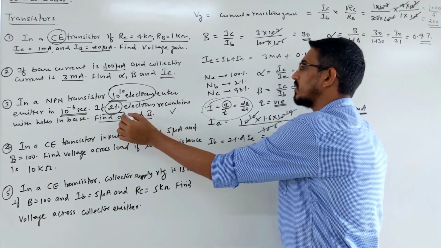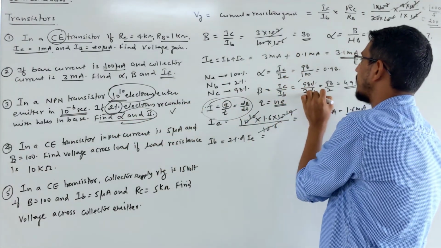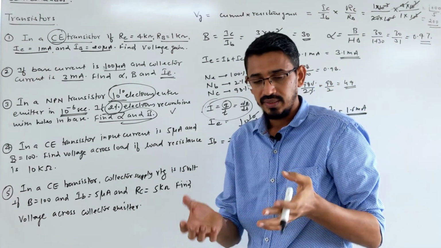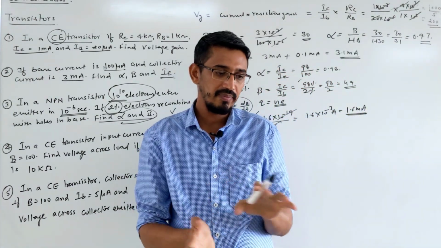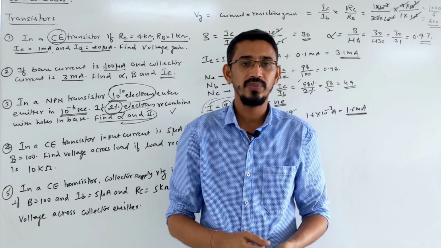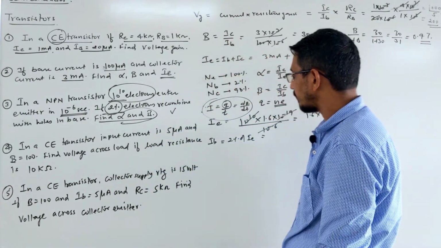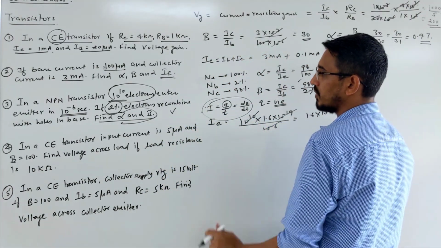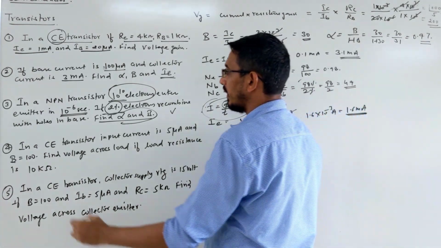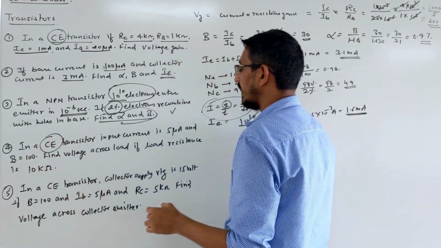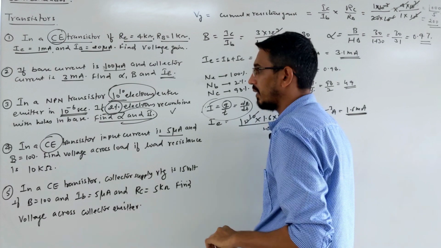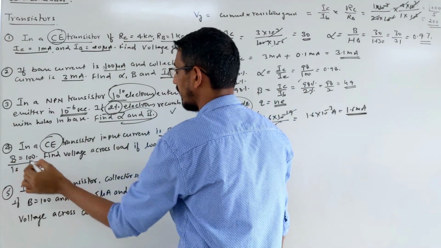In this question they have asked only alpha and beta, so I have done them directly in percentage. This much percentage of electrons are entering in base, means that much percent of current also, okay. So let's move to next question, question number 4. In a common emitter, input current is given 5 microampere and current gain given 100.